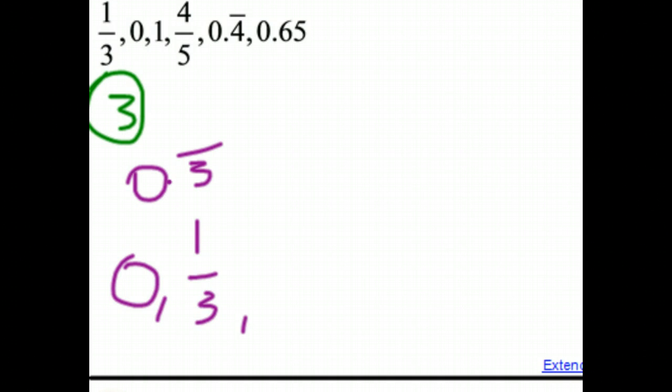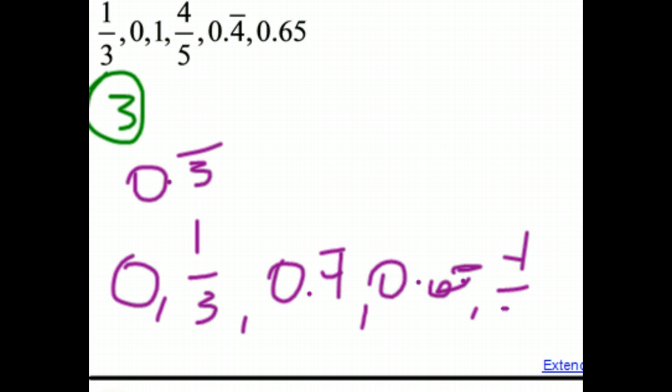After 1/3 is 4/9, 0.4 with a 4 repeating, also known as 4/9. After 4/9 is 0.65, 4/5, and 1.